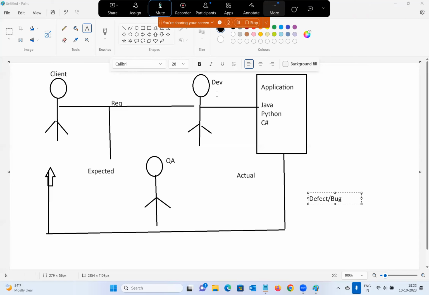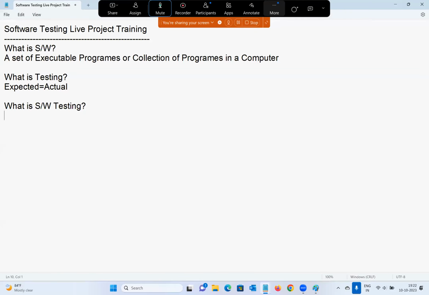It is a process of executing an application with an intention of finding defects or bugs. Everyone, what is software testing?